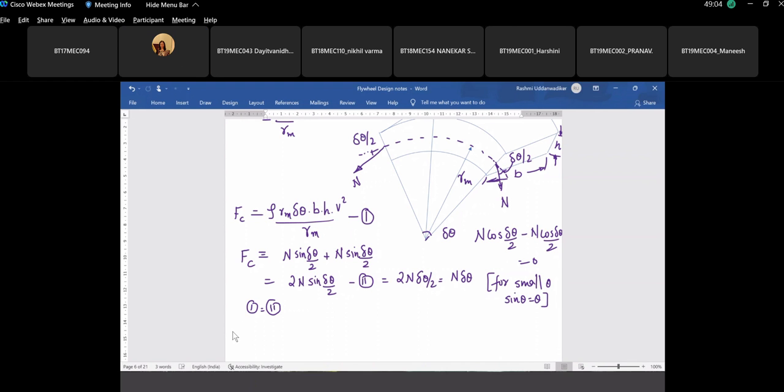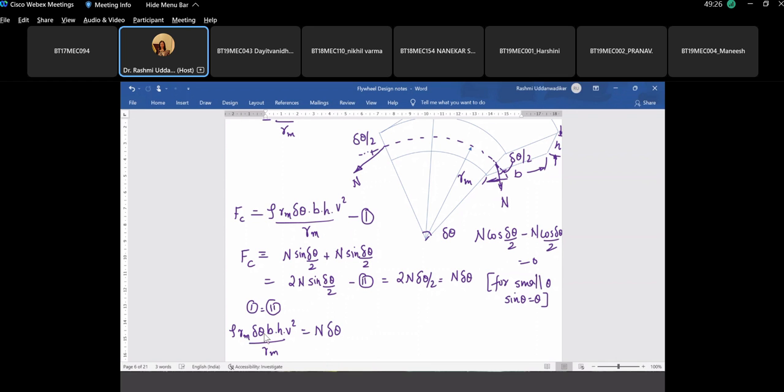So what do I get? Rho Rm delta theta p h v square by Rm, which will get cancelled, is equal to N delta theta.